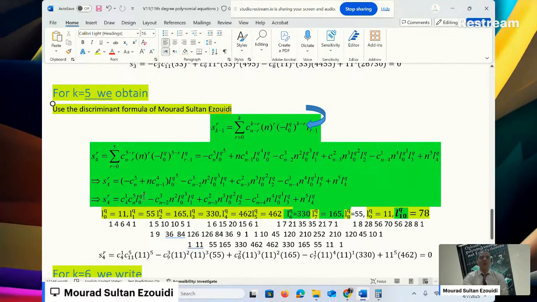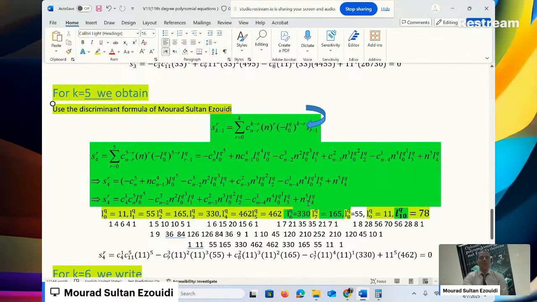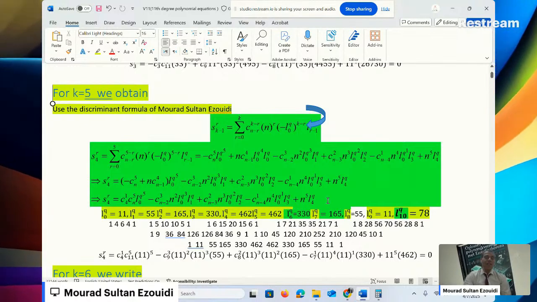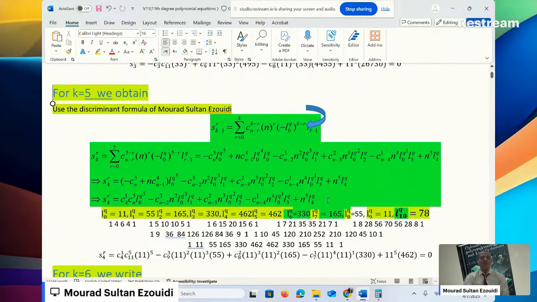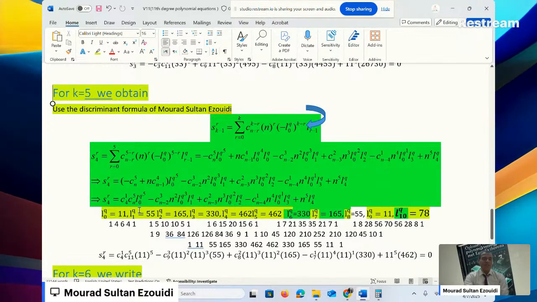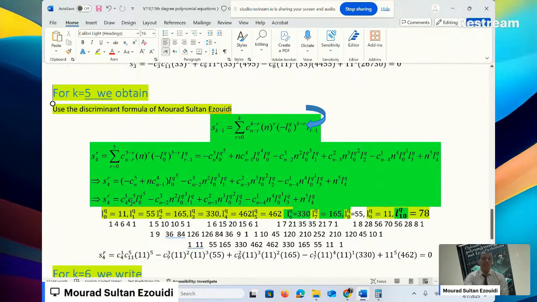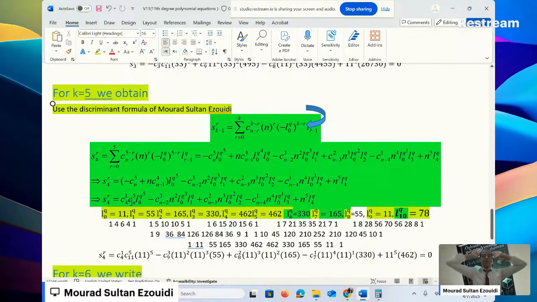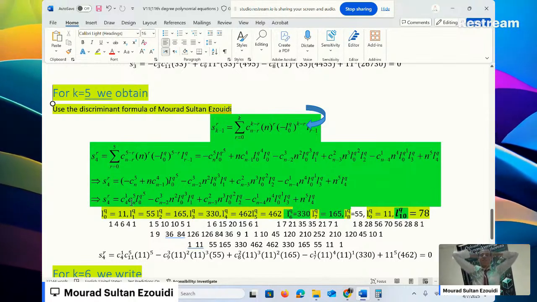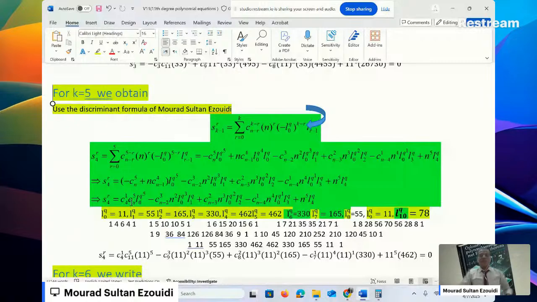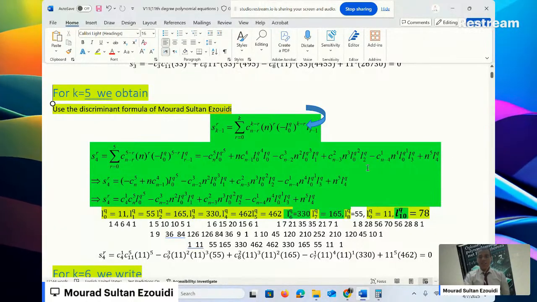To find the fifth coefficient of the new degree equation, you see S4 is related to n, and this means you are working with an n degree new equation. Then if you want to fix the n, now we'll write the coefficient.